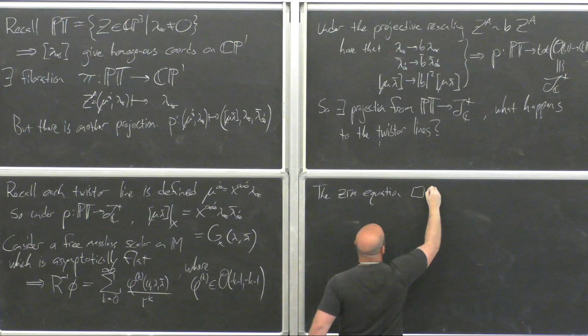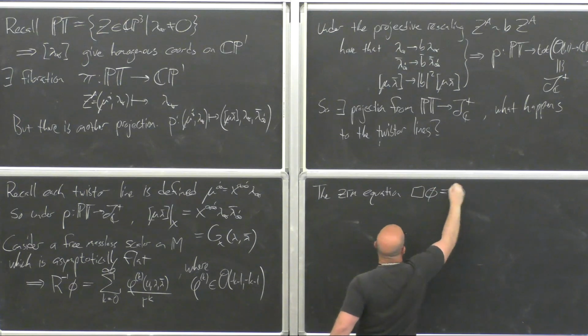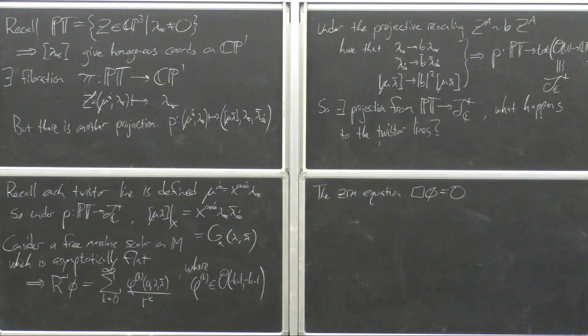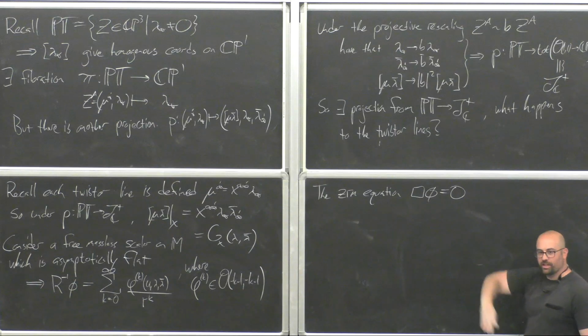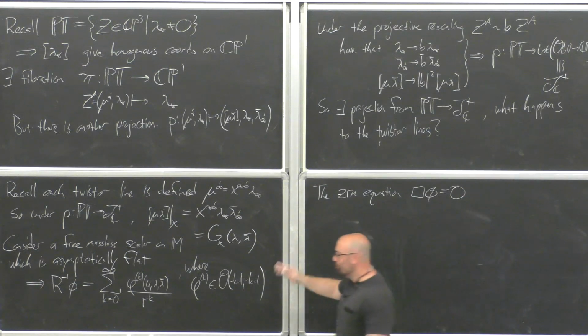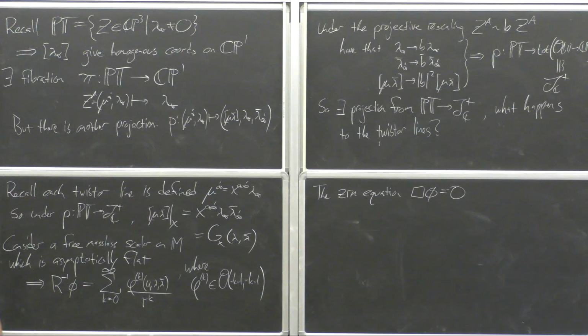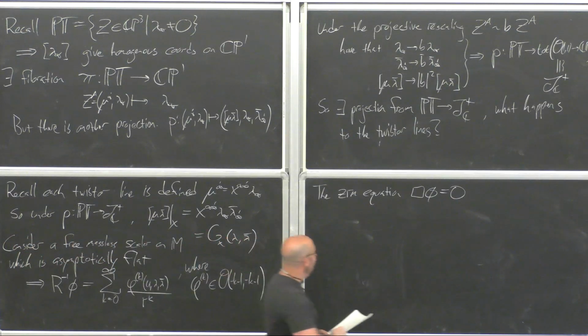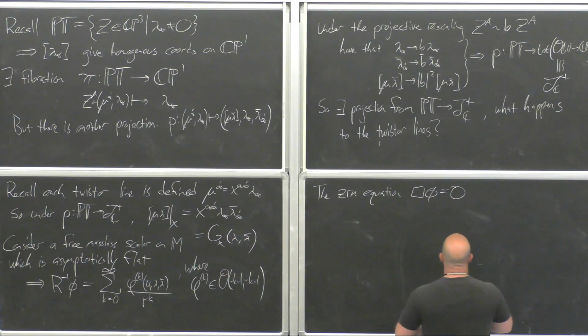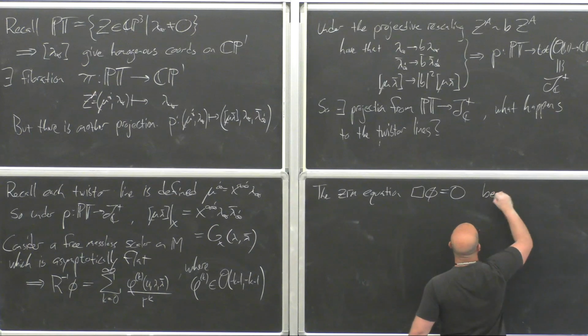Okie doke, so the zero rest mass equation, which is just the massless wave equation for phi, gives us an infinite tower of equations of motion at each order in R in this expansion, right? This is probably an exercise some of us have gone through before.